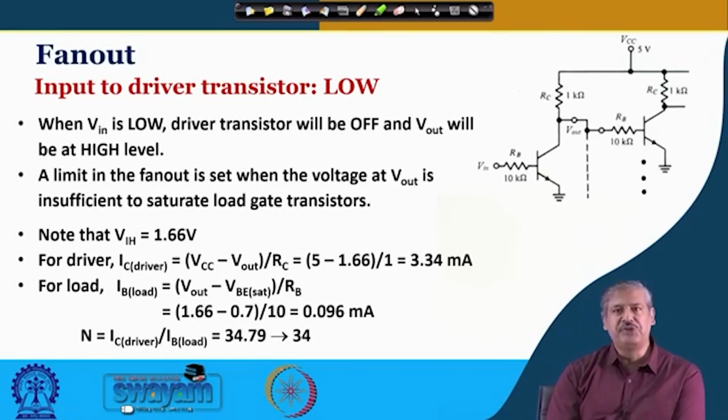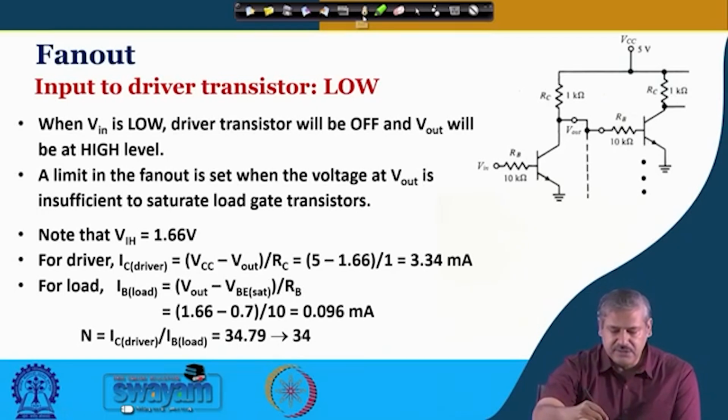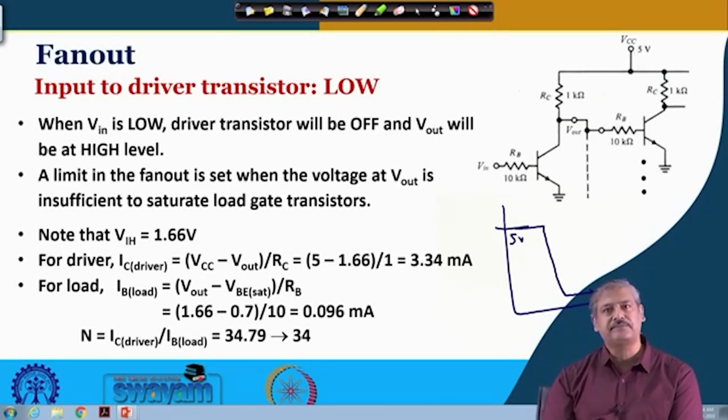But there may be an issue when the input to the driver is low. When this input to the driver is low, the output is high, as we have already seen in the characteristics. So, this output high, we are connecting to many such gates, and whenever we connect, these are drawing base current.